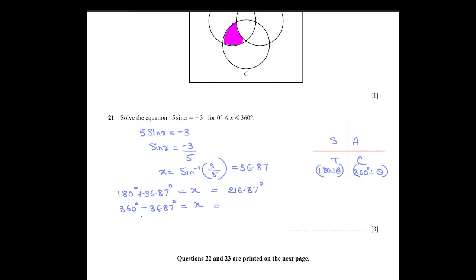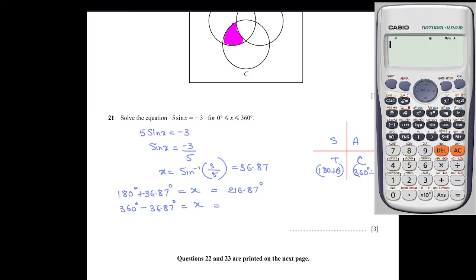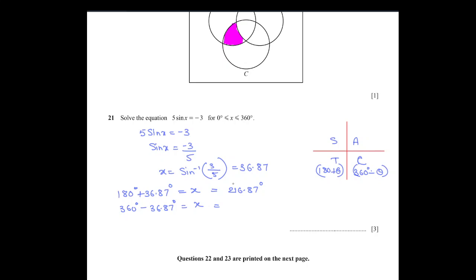Then 360 minus 36.87, that is 323.13. So these are the values for x.